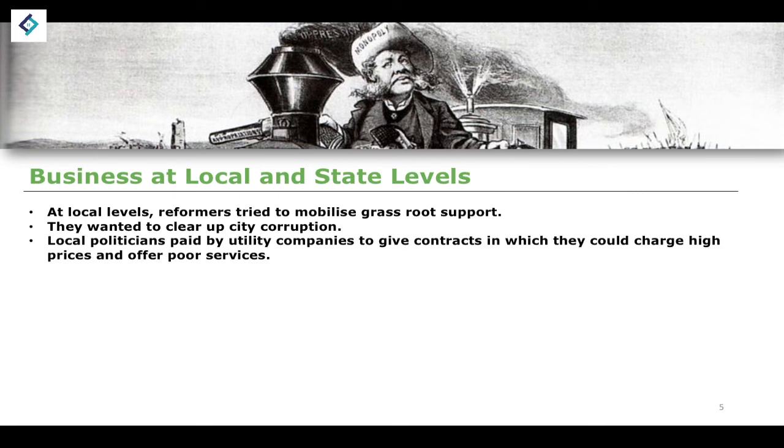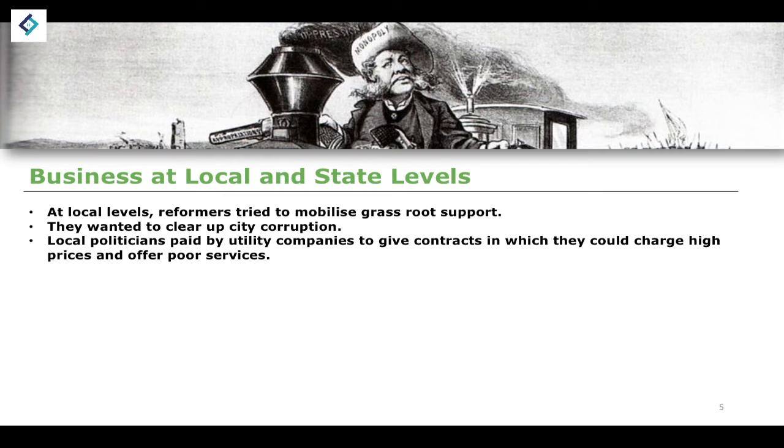Local politicians paid by utility companies to give contracts in which they would charge high prices and offer poor services were one of the main elements that were essentially targeted by these new reformers who were trying to mobilize grassroots support.